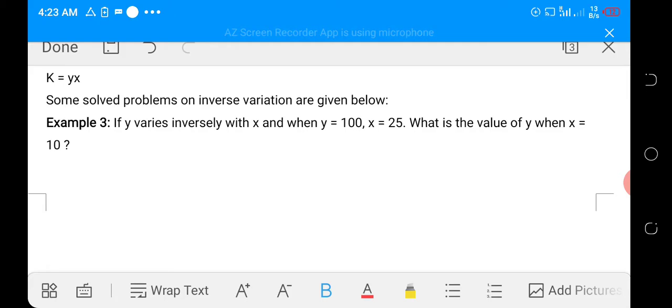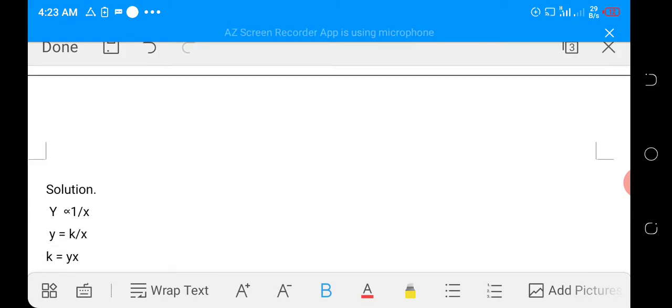Let us put that down mathematically. y varies inversely as x. That is, y varies as 1 over x. Then let's change the variation sign to equal to. Then we have y is equal to k over x, where k is the constant of proportionality. Making k the subject of the formula, we have k is equal to yx.